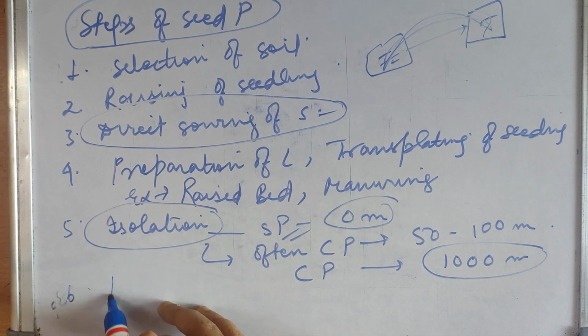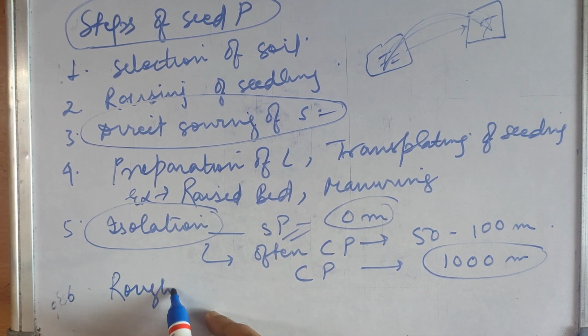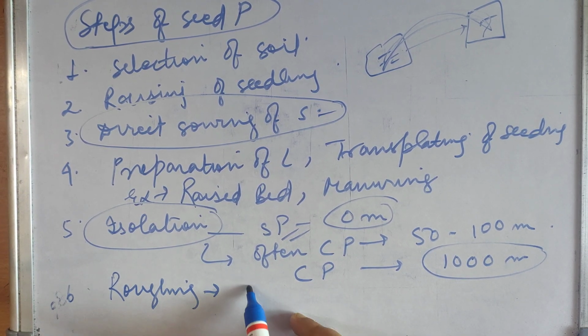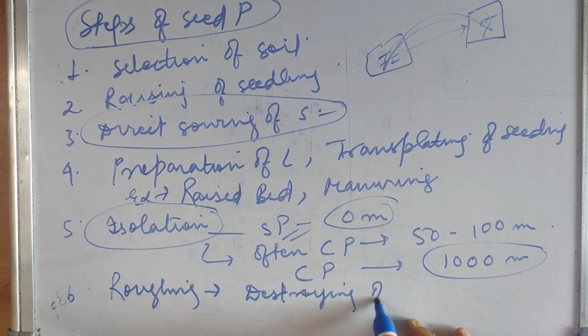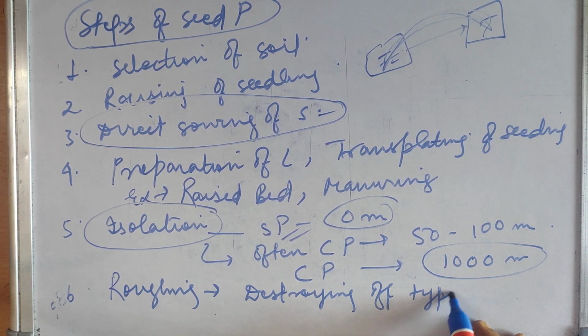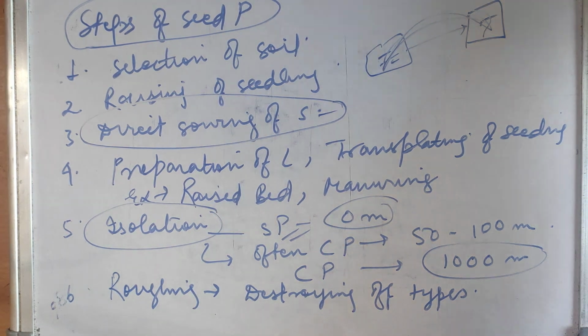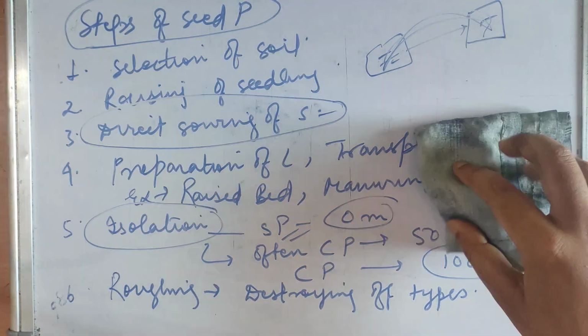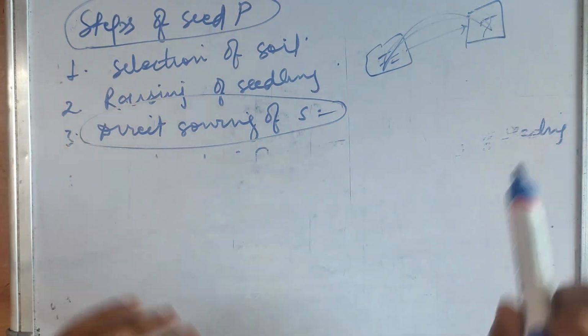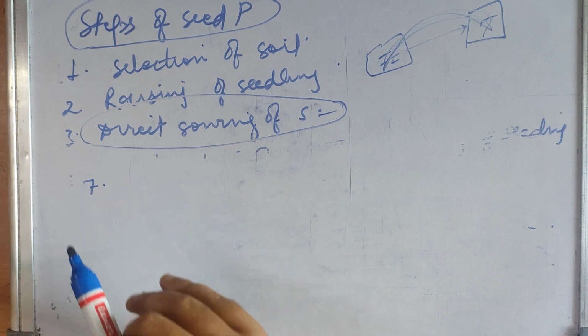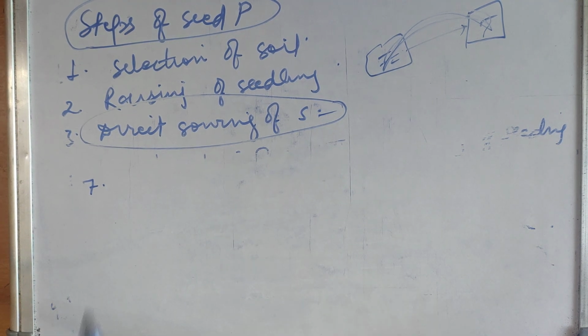Number 6, we need to do rouging, that is destroying of off types. Number 7, management of annuals.